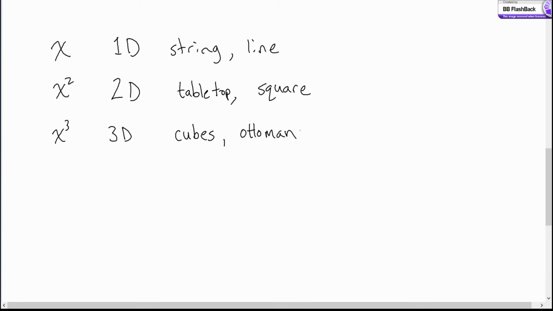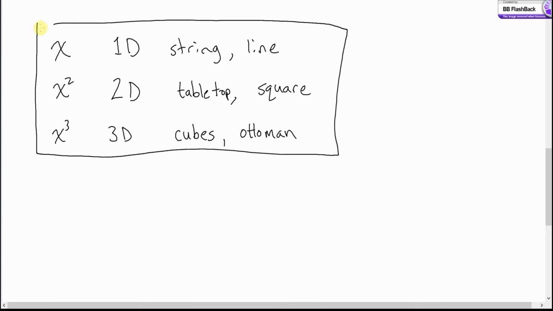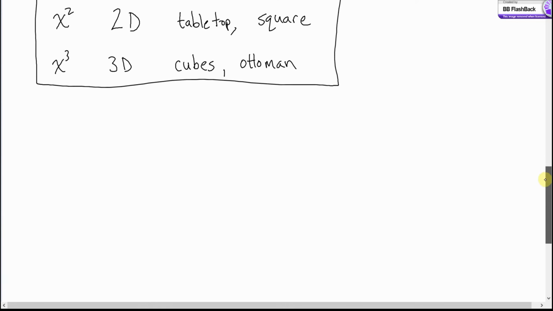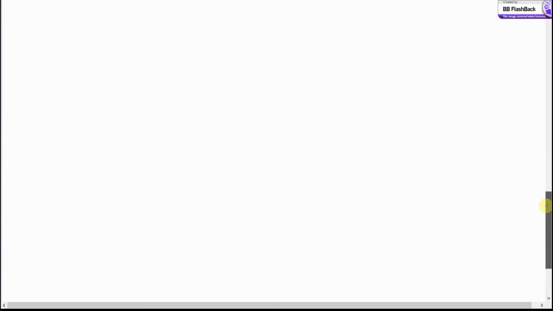Okay, so now we have a basic idea for x, x squared, and x cubed. Let's look at a couple more examples. What if I have a line and it's made up of three x's?